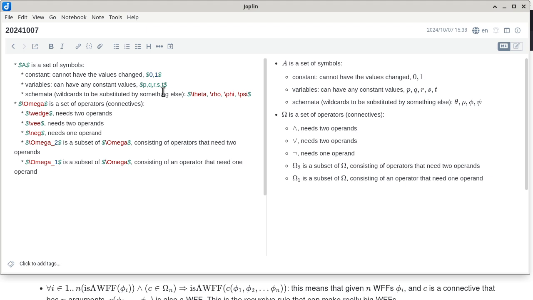Are we good? Yep. So just to make sure, for any given connective, the subscript will define how many operands it needs. Yes. So when we talk about an example, typically we want omega to only have the operators that we are familiar with. That would be conjunction, disjunction, negation. Typically those three are the ones that we want in the entire omega.